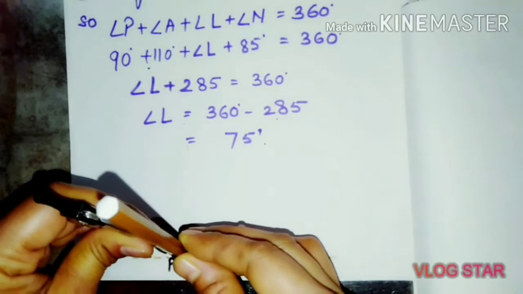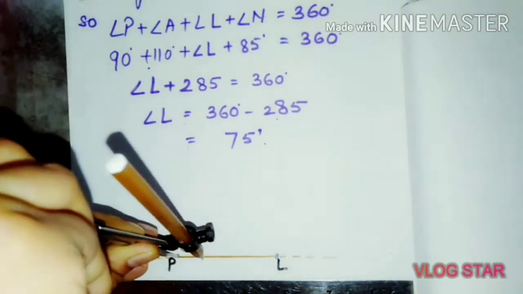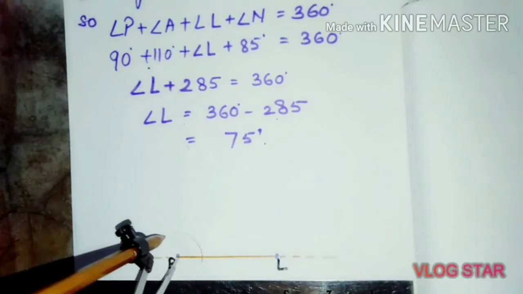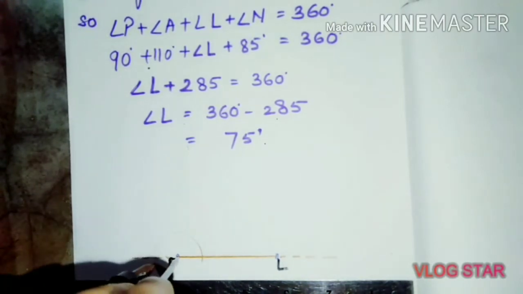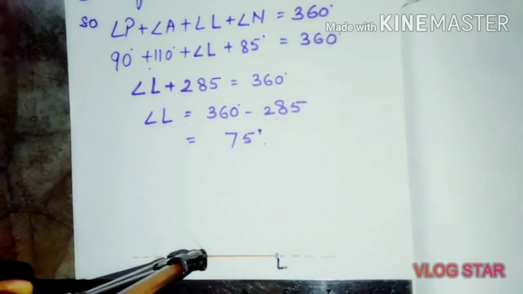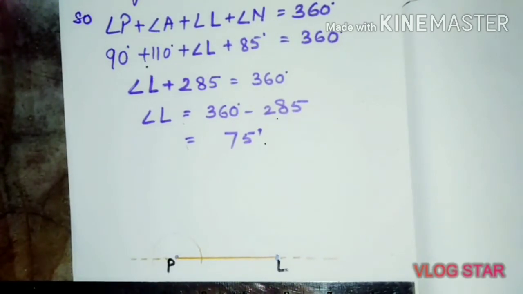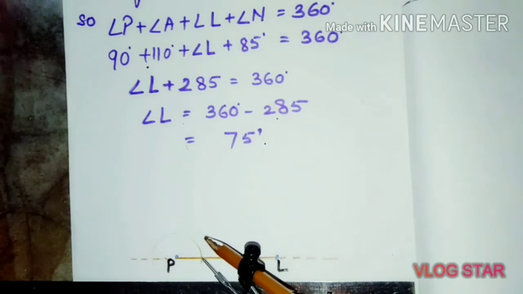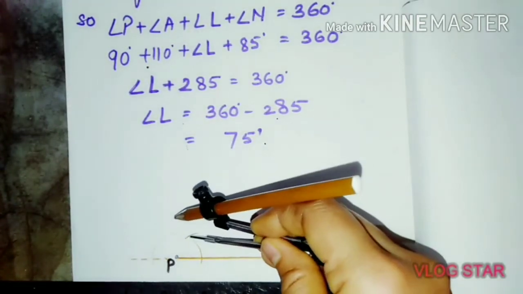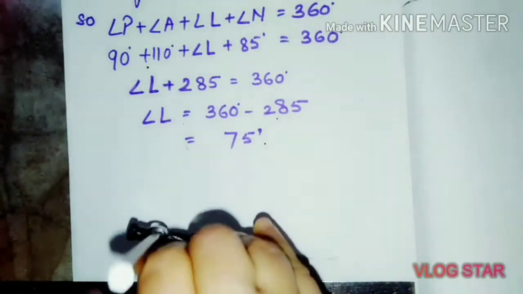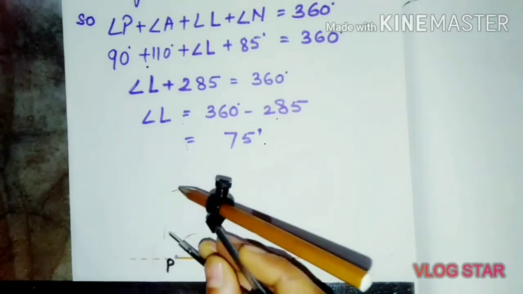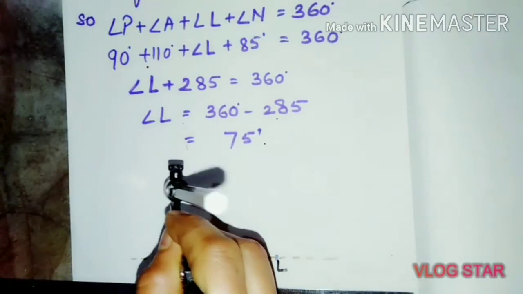a 90 degree angle at point P. Draw the semicircular arc. Draw this semicircular arc. 60 degree arc, 120 degree arc. Extend it and draw another arc to get 90 degree.